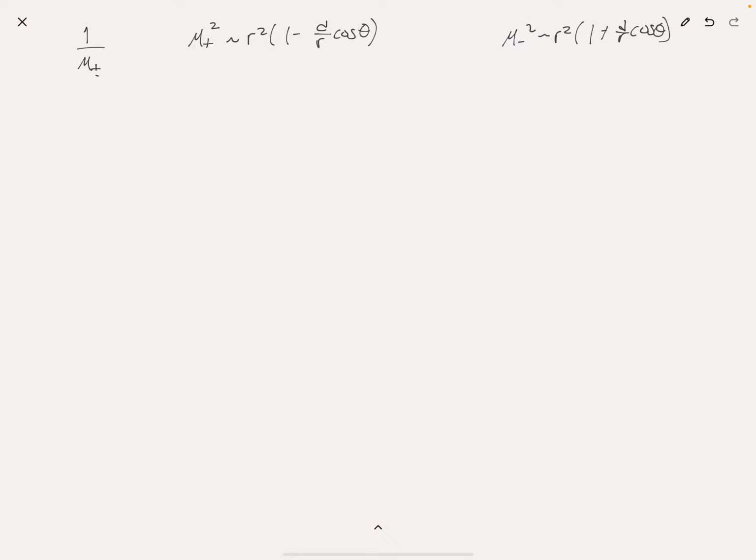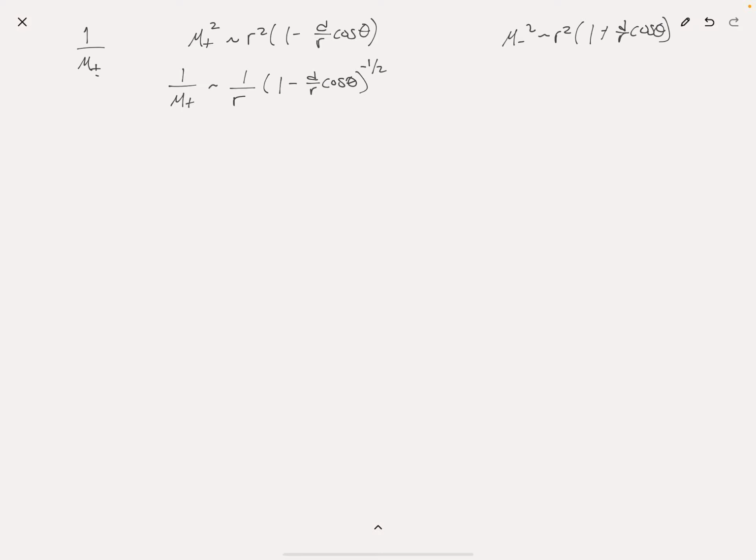Okay, so to get the value of 1 over script r plus, that's going to be approximately equal to 1 over r, taking the square root. I'm going to go ahead and leave this top bit on top instead of inverting it to the minus 1/2.